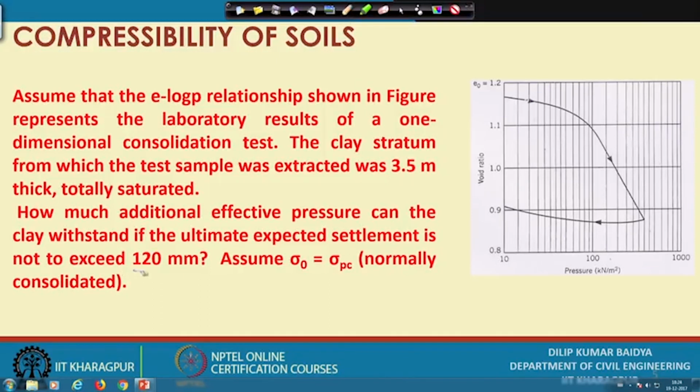So, in this problem, in the earlier problem what happened, I had given two points, I have not given the e-log P curve; there actually I have from the e-log P curve sigma 1 dash and e 1, sigma 2 dash and e 2 given. So, here actually I can find out, this is a straight portion, I can find out one point here, another point here. I can read what is the value of sigma and what is the value of e here and here.